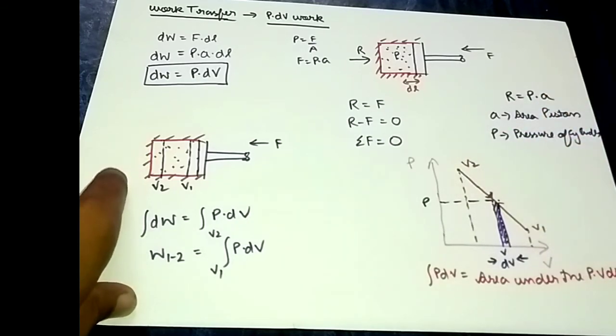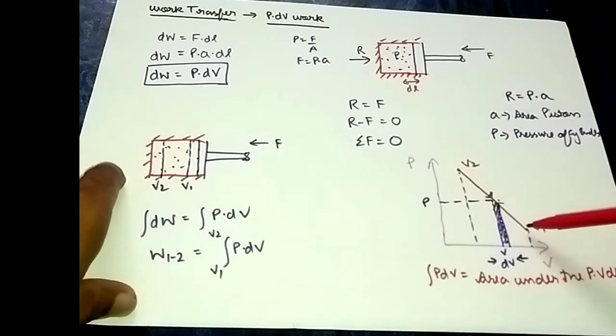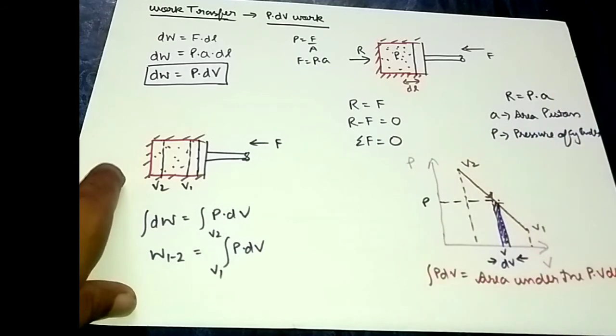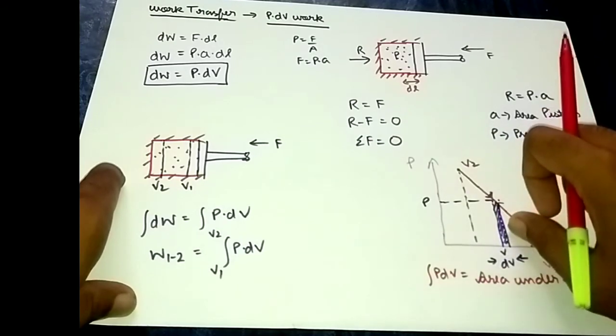Note that this is in thermodynamic equilibrium, which means it is following a quasi-static process, so every single point here will be in equilibrium, having thermal equilibrium, chemical equilibrium as well as mechanical equilibrium. It is moving very slowly, so we consider it a quasi-static process.